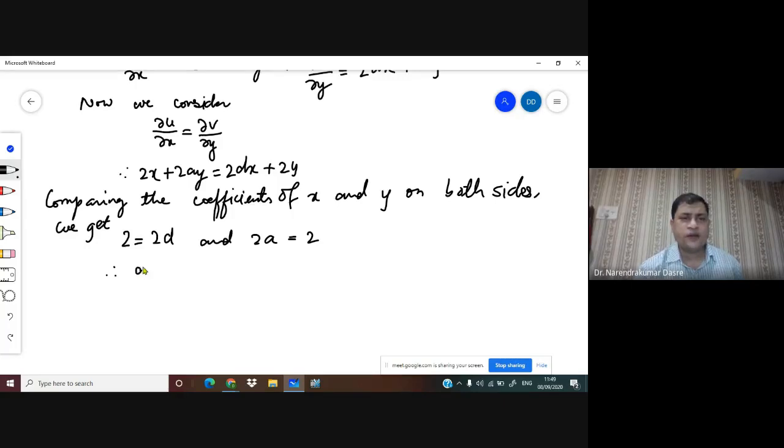So I can get d is equal to 1 and a is equal to 1. So from this equation, we got the values of d and a.